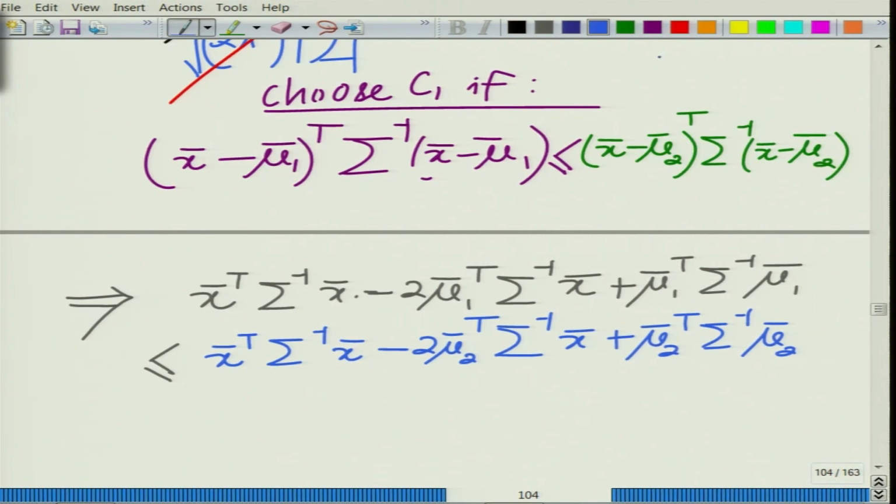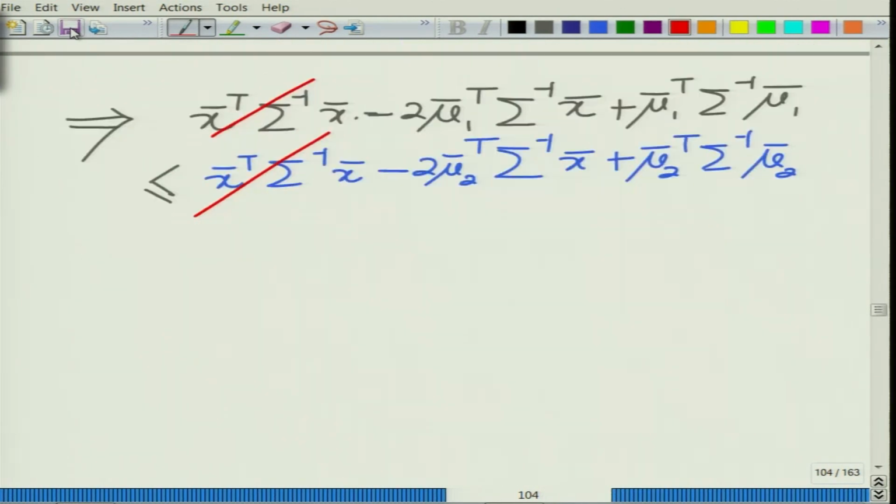And now you can see the x bar transpose sigma inverse x bar cancels from both sides.